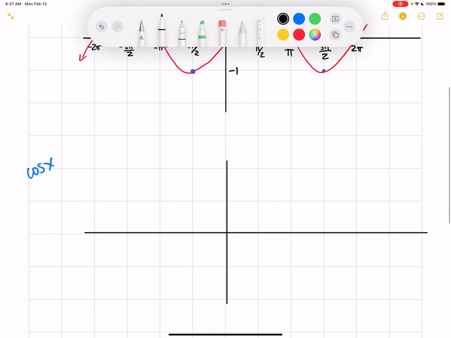And again, I'm going to draw out my increments. We go -1 to 1 again.